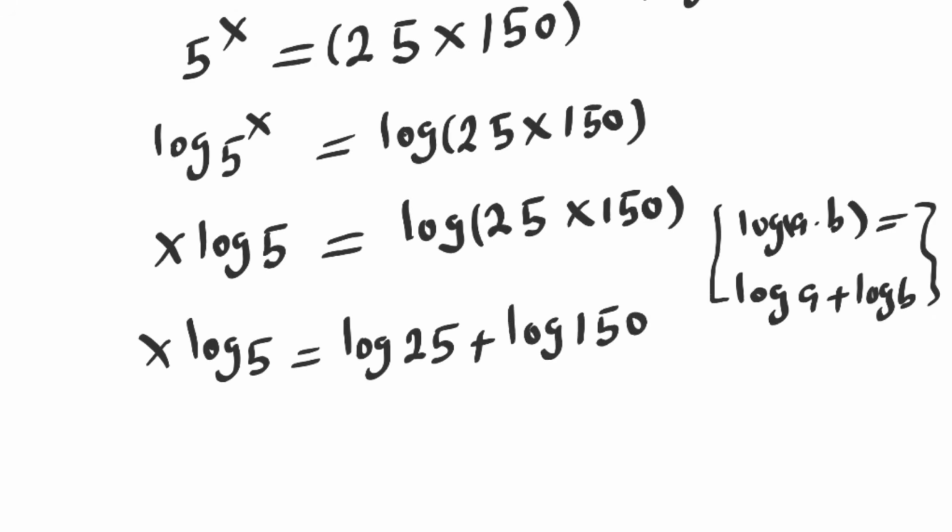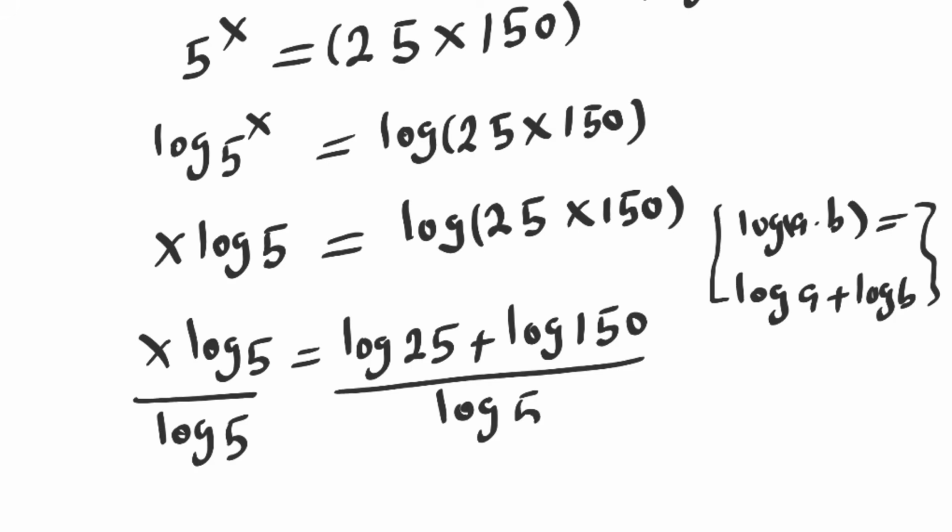Let us divide the whole of this equation by log 5. This divided by log 5 and this divided by log 5. Log 5 here, 1, and log 5 here, 1.